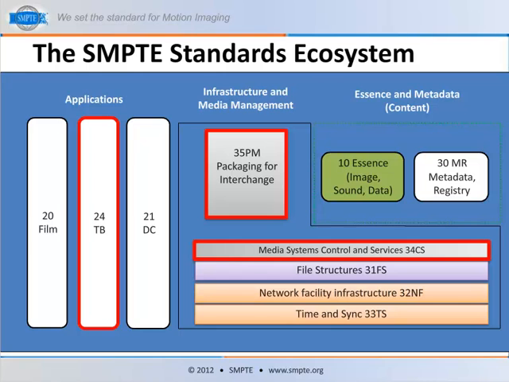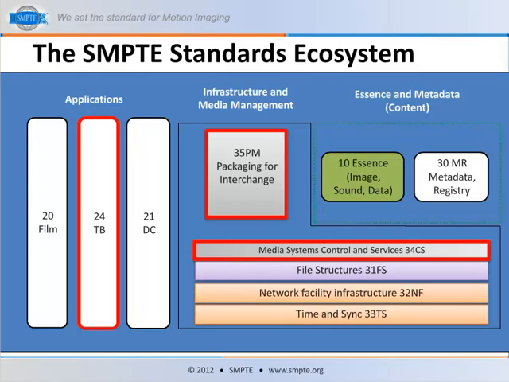So going back to our ecosystem, here we show the 10 technology committees. If we start over in the top right, that's really where stuff gets created. Might be images, might be sound, might be data, might be metadata.